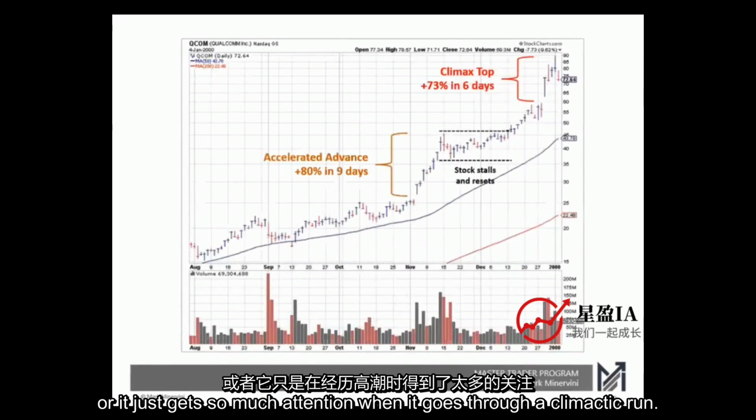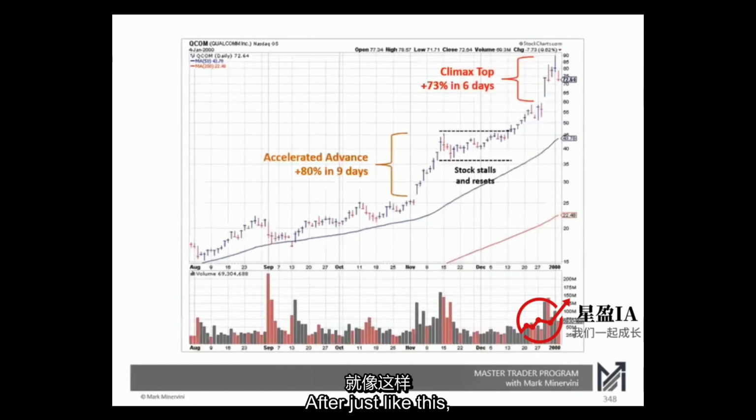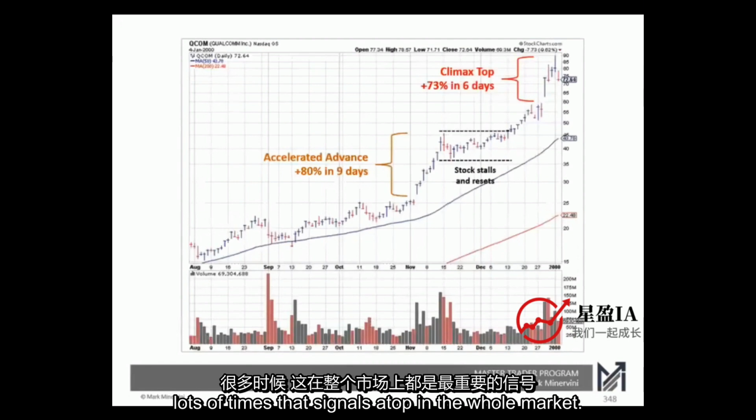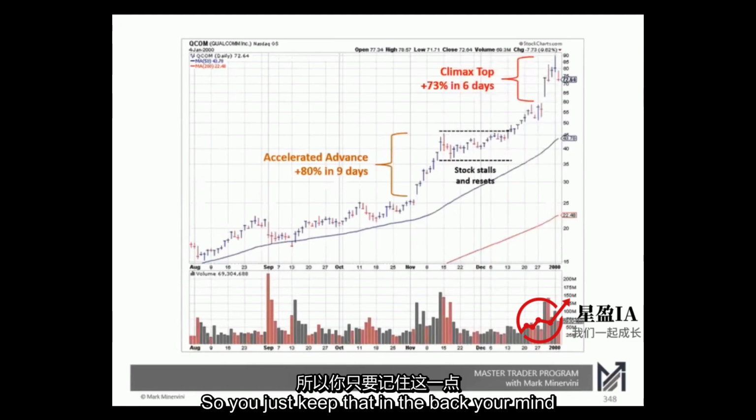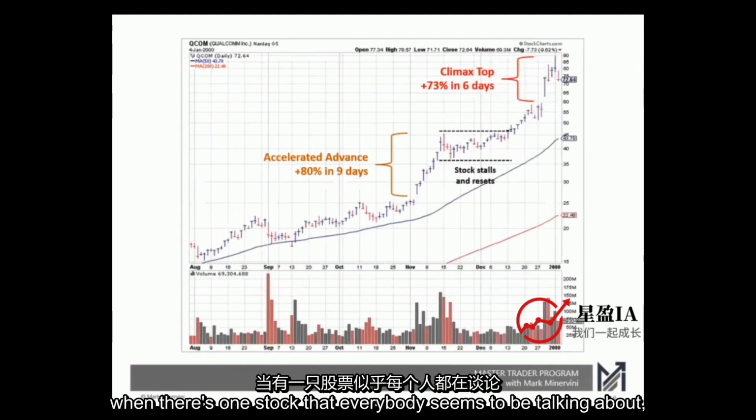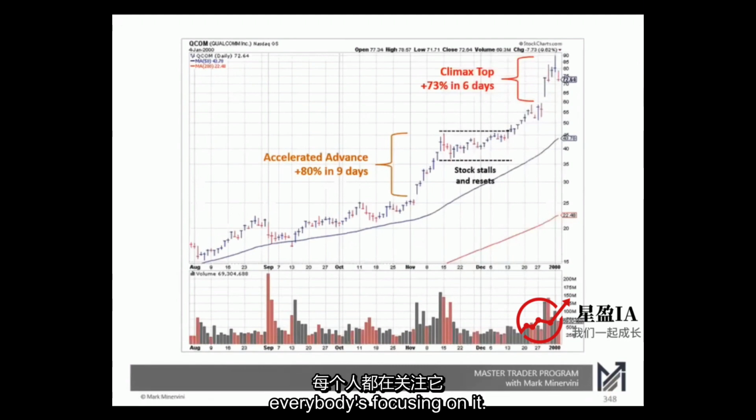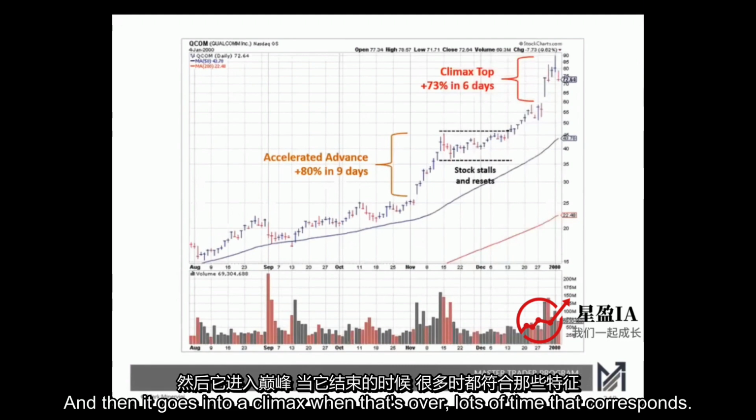And when it goes through a climactic run like this, lots of times that signals a top in the whole market. So keep that in the back of your mind when there's one stock that everybody seems to be talking about, everybody's focusing on. It's had a big move, and then it goes into a climax. When that's over, lots of times that corresponds.